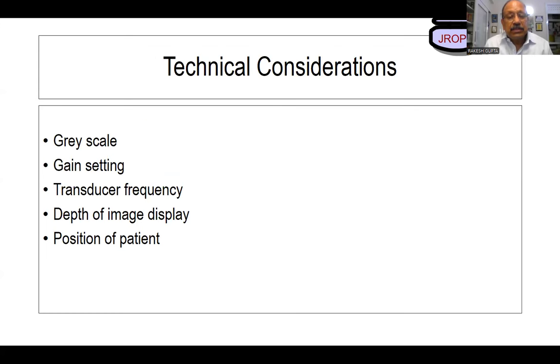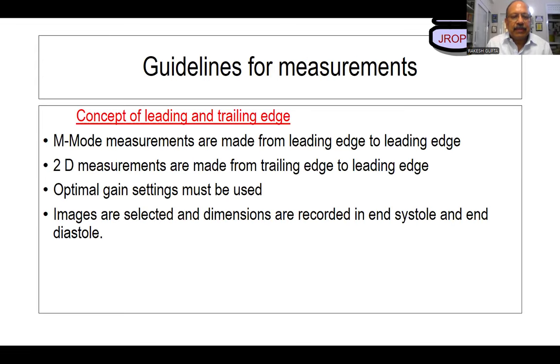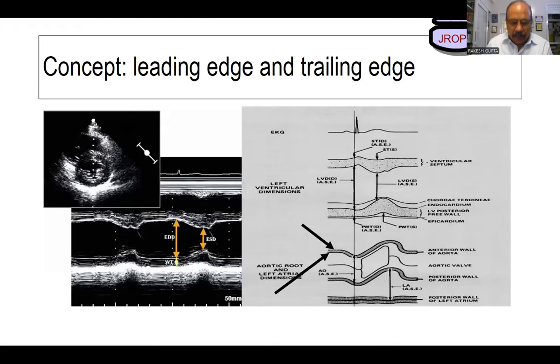Now there are certain definitions: grayscale, gain settings, transducer frequency, depth of the image, and position of the patient. What is the concept of leading edge to leading edge versus leading edge to trailing edge? This can be dealt with using this image. This is an M mode image across the LV in the parasternal short axis view at the papillary muscles.